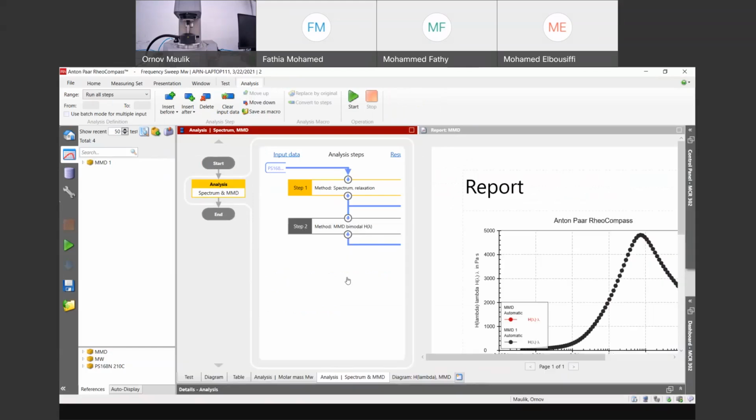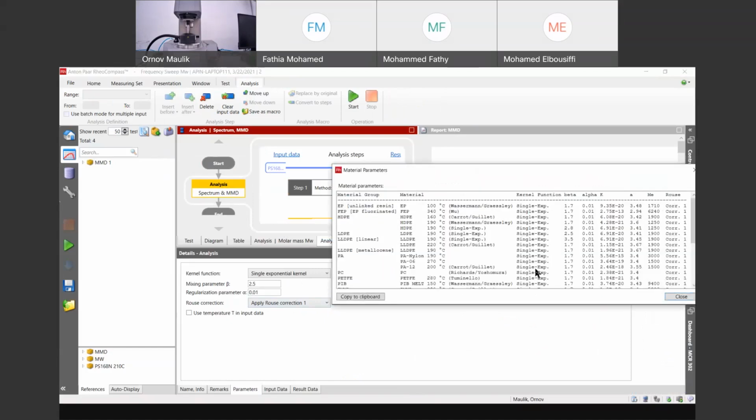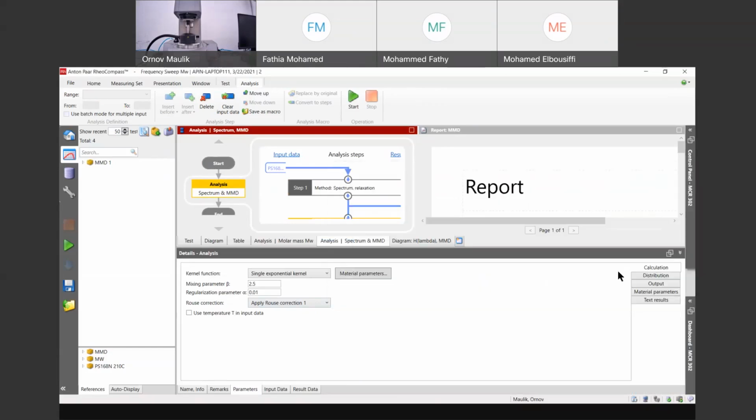For example, if I select over here, you need to select the material properties, of course. We also have a complete library of material properties which you can input, and then you can define whether you are expecting bimodal or unimodal. There is also a function called auto, where the software automatically decides whether your system is bimodal or monomodal.